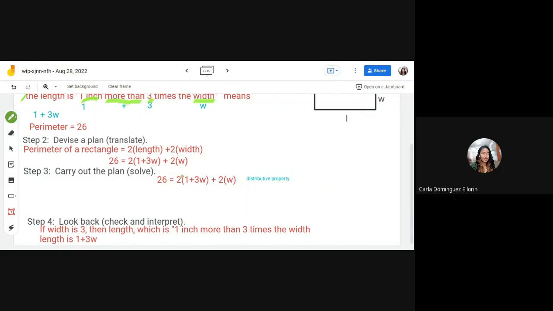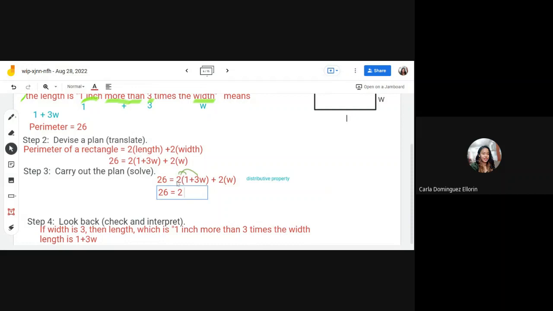So, we distribute 2 to 1 plus 3W. So, 2 times 1 and then 2 times 3W. Copy 26 equals, and then 2 times 1 that is equal to 2, and then 2 times 3W.